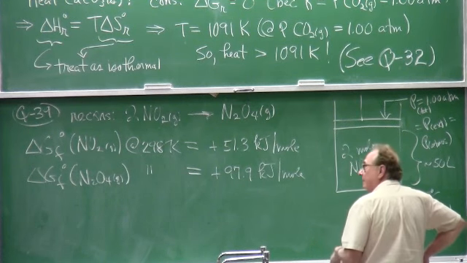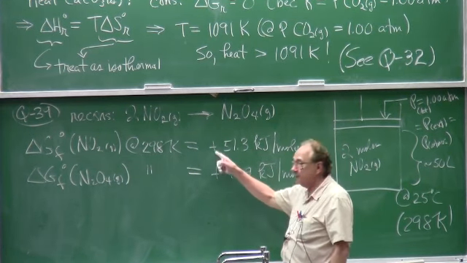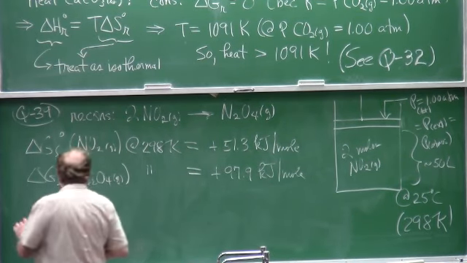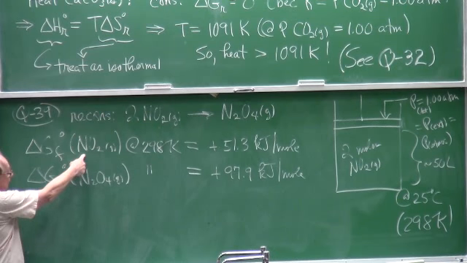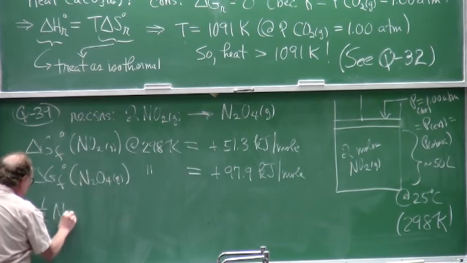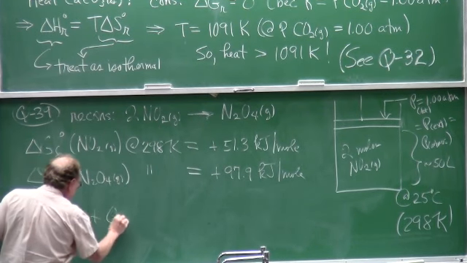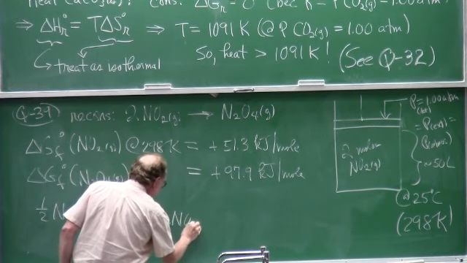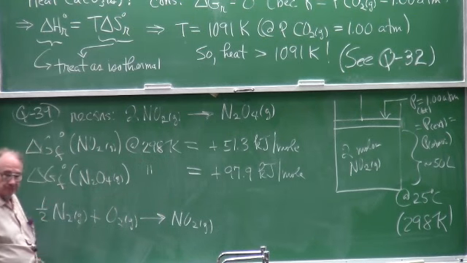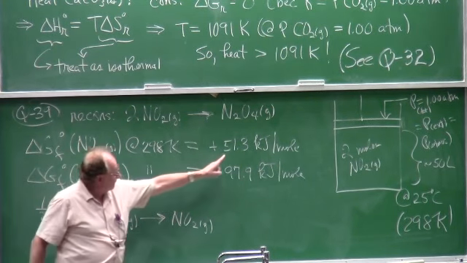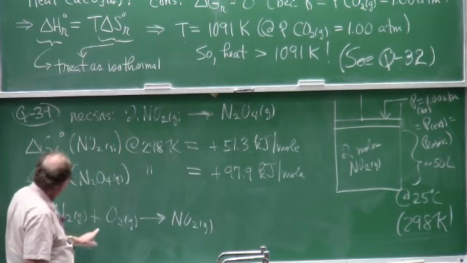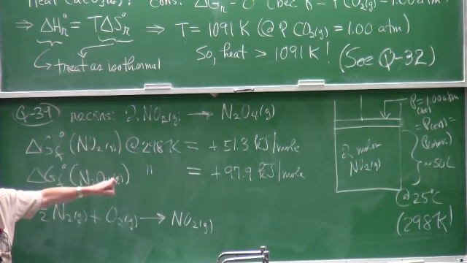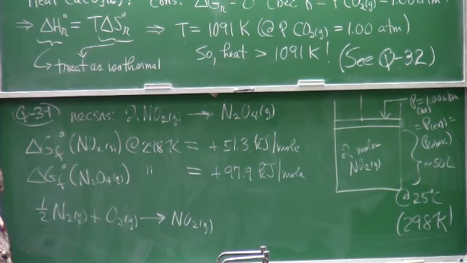But these delta G sub F super 0 values are large numbers but plus. That tells you, if, for example, in making a mole of this from the elements, this number corresponds to this reaction at 298 K. And that number is large and plus, not minus.